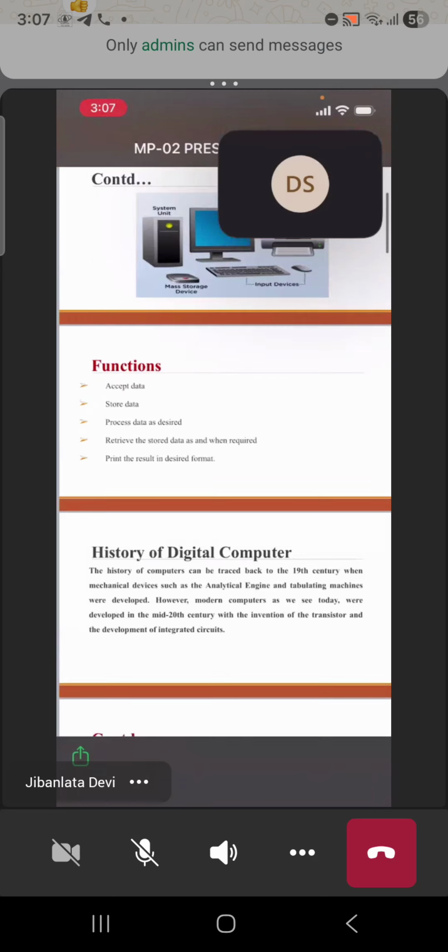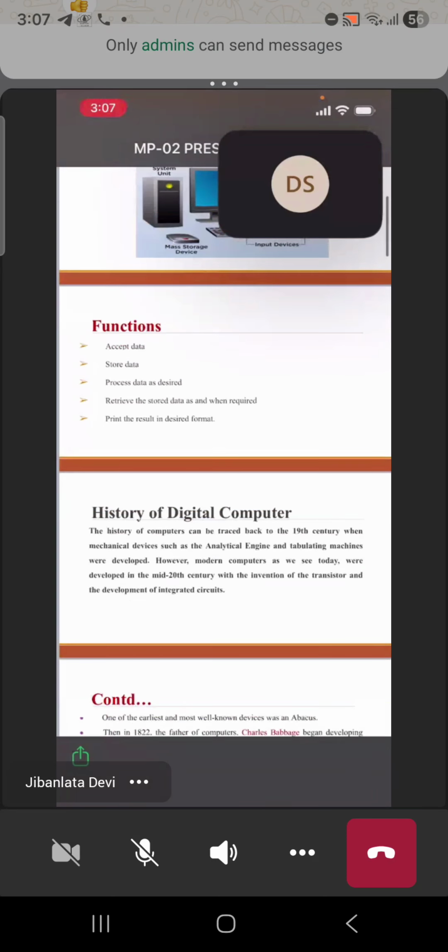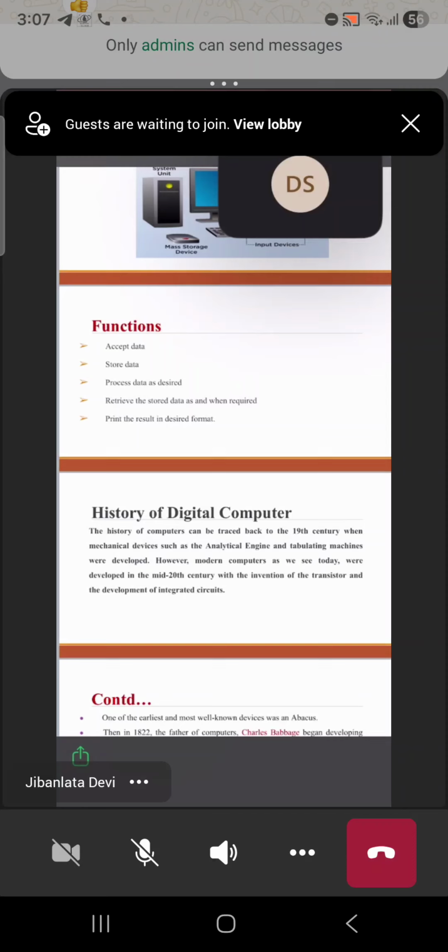The next is the functions. Functions of a digital computer are: it accepts the data, that means whatever information or instructions we give to the computer as input. Then it acts as a storage system also, so the information which is input is stored in the computer.